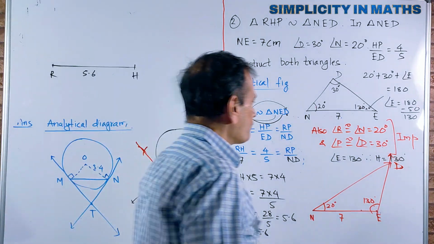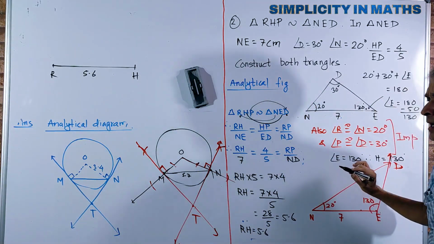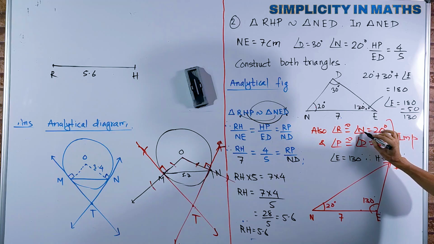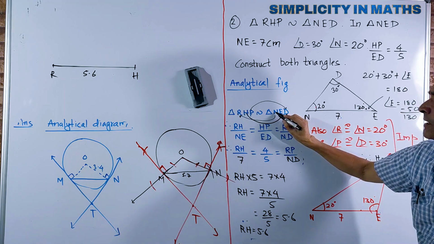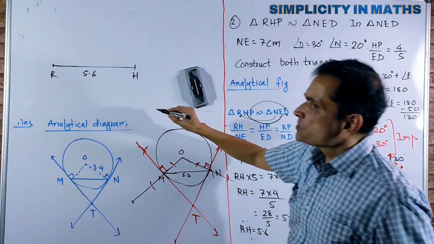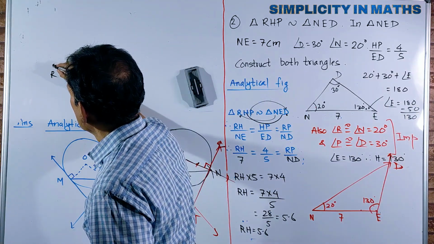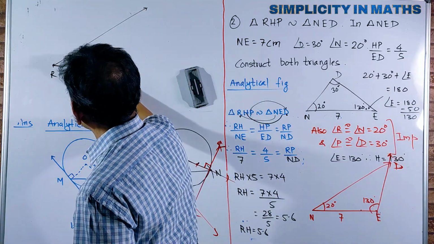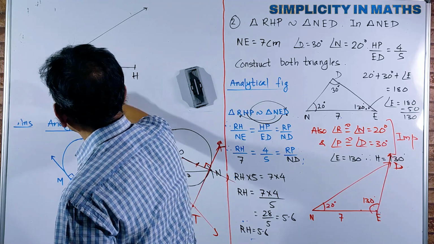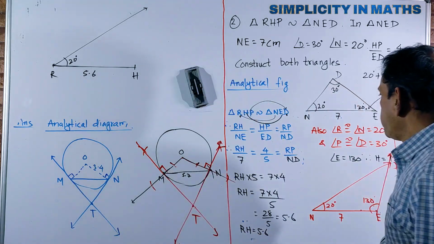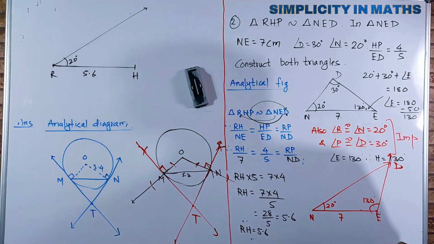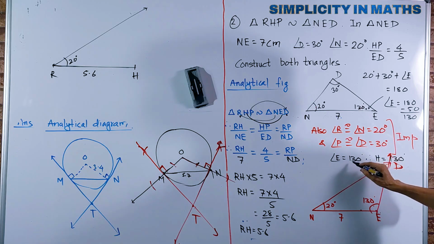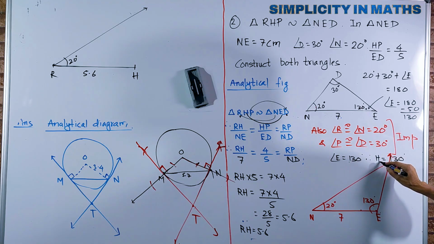So now observe carefully. Angle R congruent to angle N equal to 20. So यहाँ से 20 degrees. Angle H है. Angle E is 130, therefore angle H is also 130.